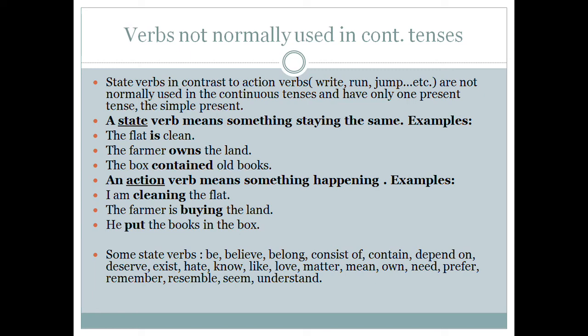Here it's a state verb. We describe a flat, it's clean. It's the state of the flat. But when I say I am cleaning the flat, the main verb is clean. Clean here is an action verb. It can be in continuous tenses. I'm cleaning.